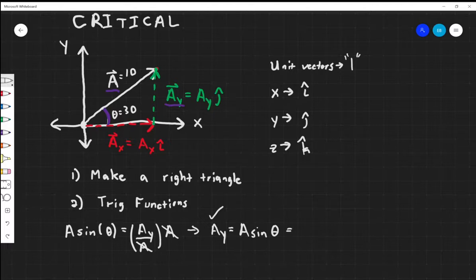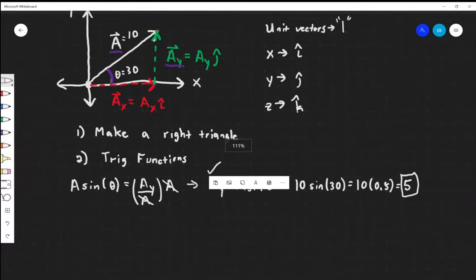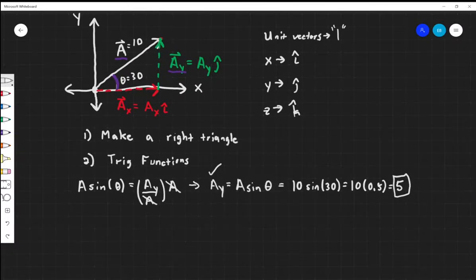I can plug in the numbers that I have. I can plug in 10, multiply it by sine of 30, and plug this into your calculators now so that you can make sure you are getting 10 times 0.5, which is equal to 5. Make sure you are getting this in your calculators. If you are not, your calculator might be in the wrong mode, and we need to fix that now before we get too far into the semester.